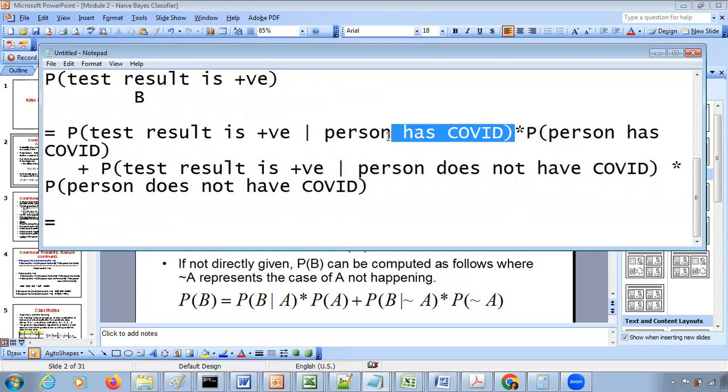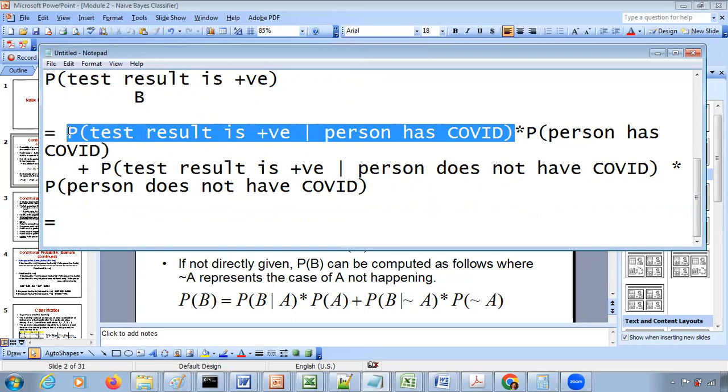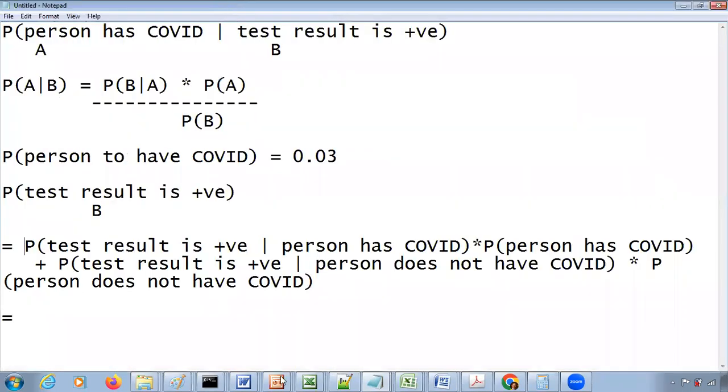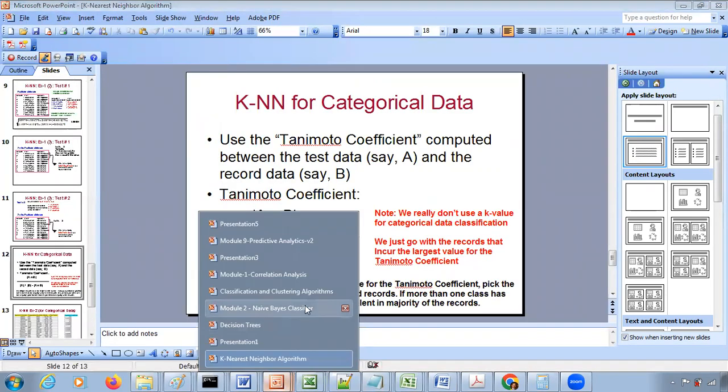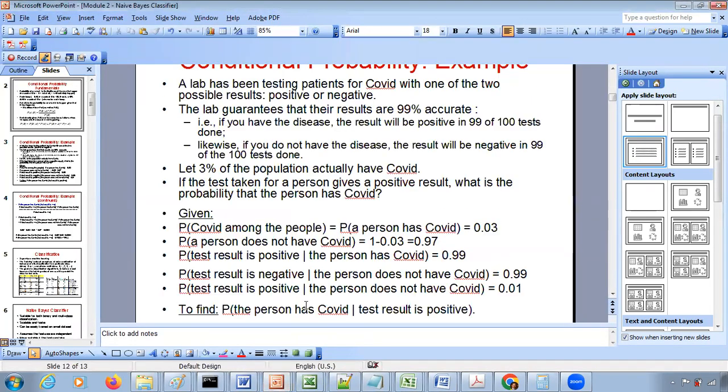Now if someone has COVID, the test result is positive in 99% of the 100 cases. That's the accuracy of the lab test. So that's something given to us.